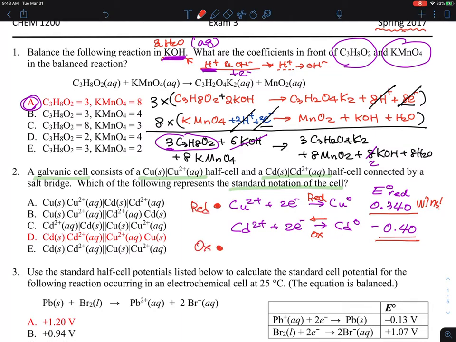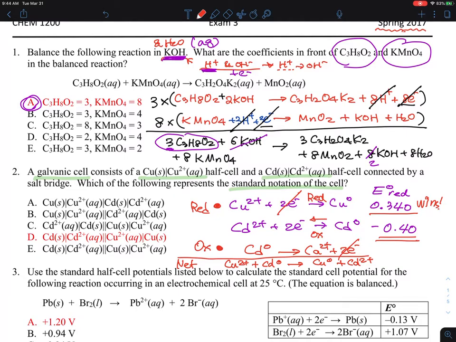The oxidation that's spontaneously going to happen is cadmium will be oxidized into cadmium 2 plus and 2 electrons, and then if you add them together, the 2 electrons go away, so the net reaction will be copper 2 plus plus cadmium 0 giving the copper metal and the cadmium 2 plus.